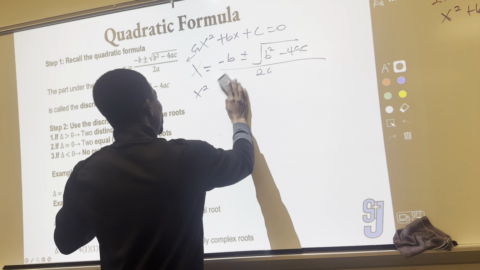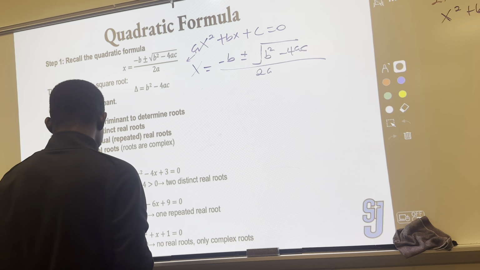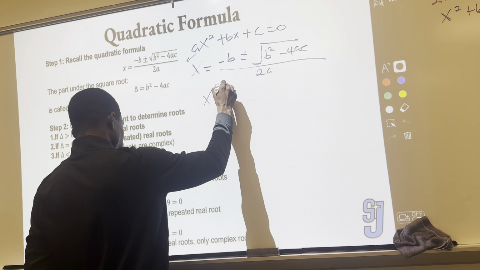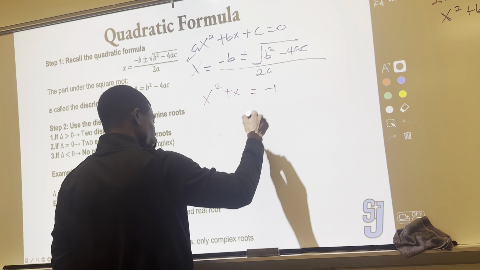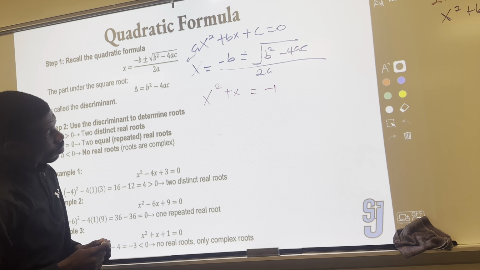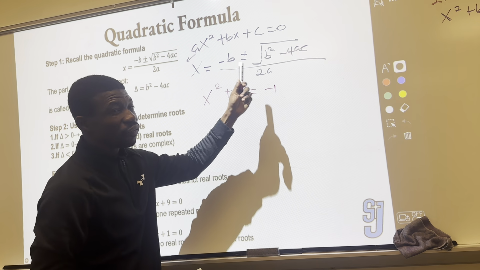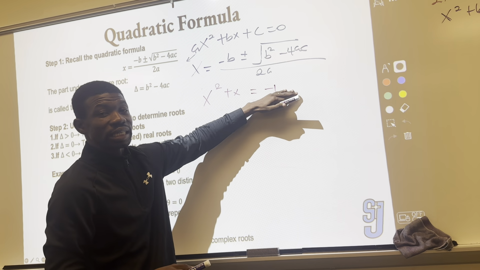Okay, now let's consider the last equation, which is x squared plus x. This time around, I want to change this to this. Don't forget that we said that if you were solving with the method of squares, you would have left it here.